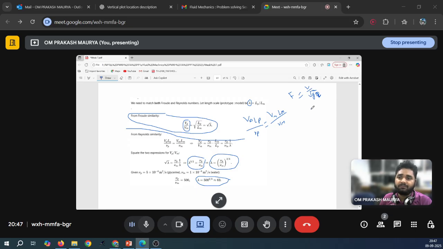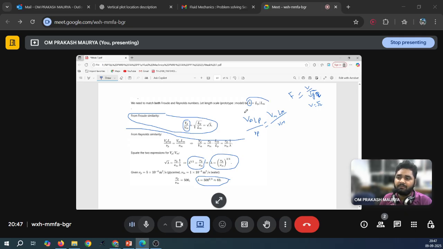So from here V is root L, and so from here we will consider these things. Lambda is equal to Lp by Lm.